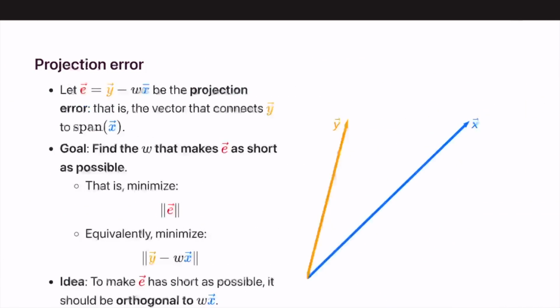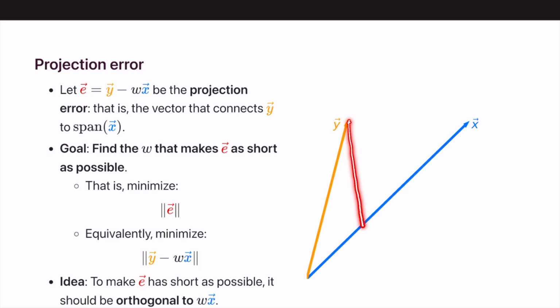Okay, so this is the idea of a projection error. Intuitively, if we think of x as some sort of line, and y as just a point, then how do we calculate the error? Thinking back to linear regression, we would take this point and drop a straight line down right here, and this would be the error. In linear regression, this would be like a residual. So what is this line when it's minimized?